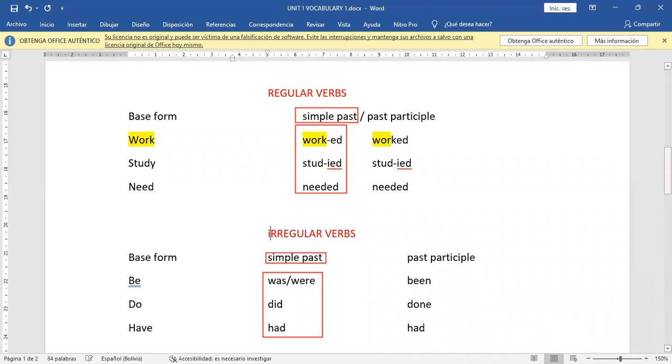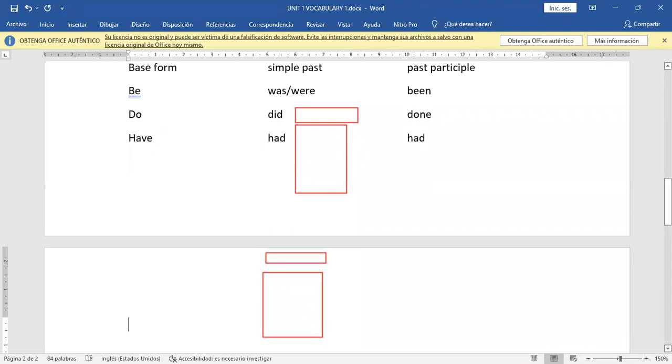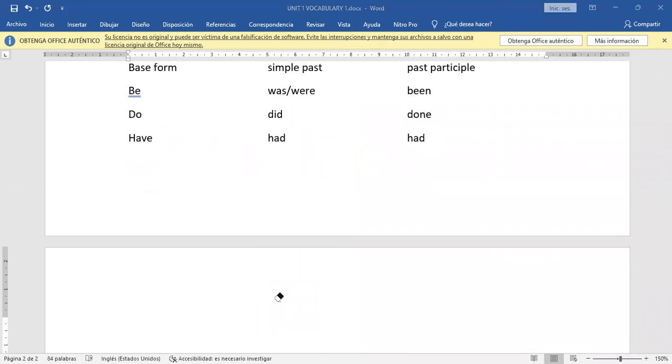How do you say trabajé ayer? I worked yesterday. Let's organize sentences into the simple past tense.